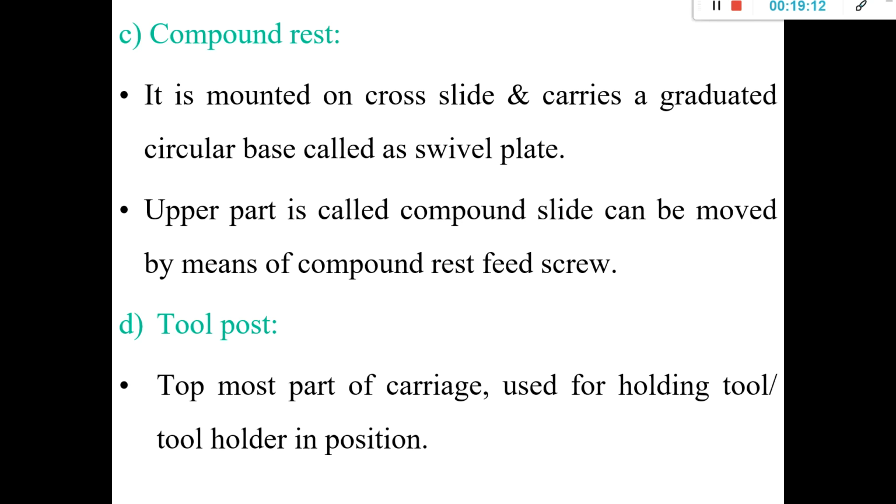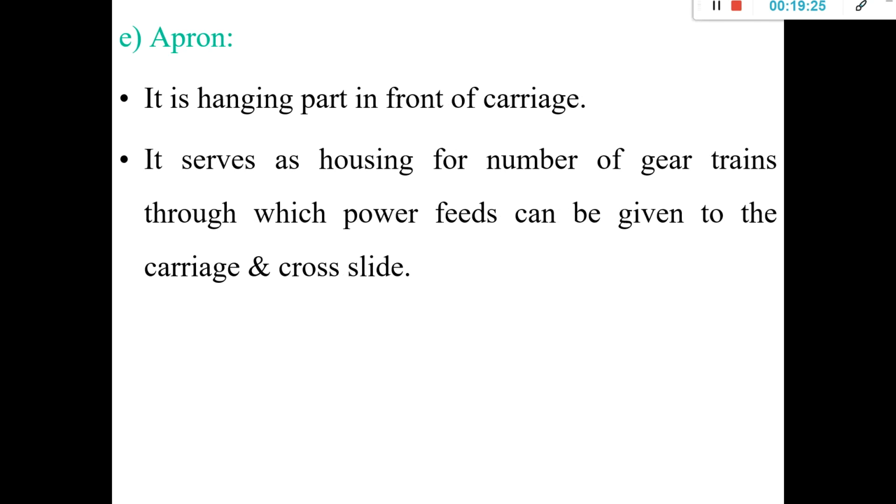The tool post is the topmost part of the carriage, used for holding the tool in the tool holder in position. Now the apron is the hanging part in front of the carriage. It serves as a housing for a number of gear trains through which the power feeds can be given to the carriage and cross slide.